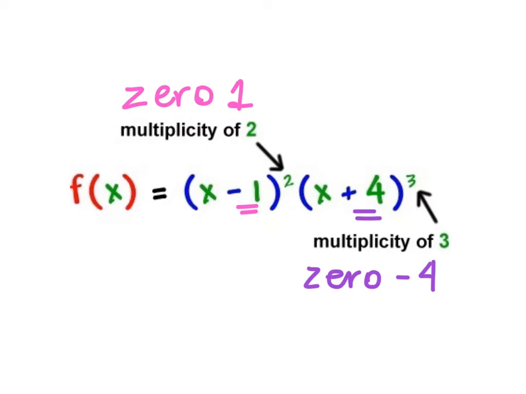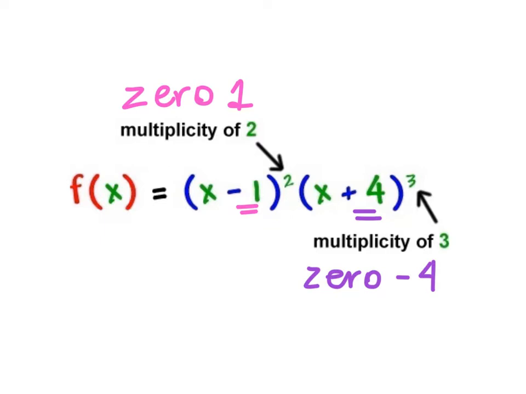So here's an example of a function that is going to have multiple roots, or zeros. So if I actually set this equal to 0, I'm going to have a root of positive 1 and negative 4. But I have this power up here that's a 2 and a power up here that's a 3. What that tells me is that this positive 1 root is going to have something that we call multiplicity of 2, depending on its degree.